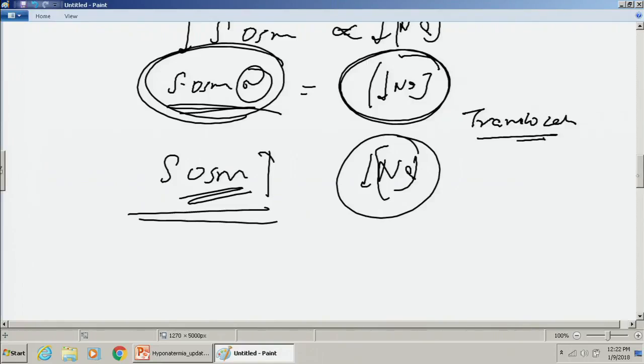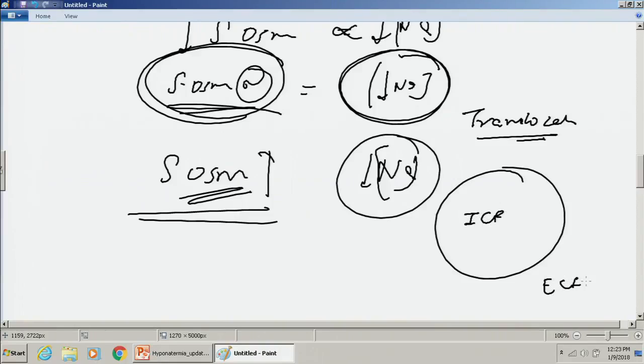So what is going on is that you have this ICF and ECF, right? At equilibrium, we believe the osmolarity inside should be equivalent to the osmolarity outside, so that water freely moves in and out.